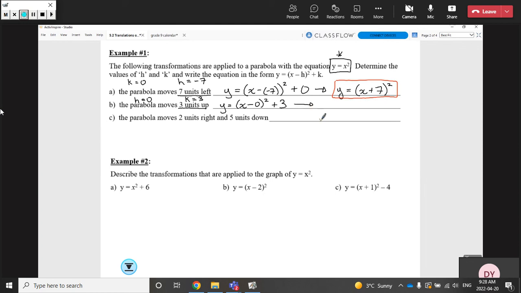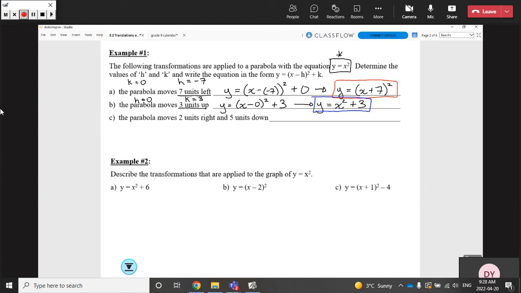Or maybe you're so good at this, you just went right ahead and said, okay, well, x minus 0 is really just still x. And so it's just going to be x squared and then plus 3. And this would be our final answer. Or maybe, again, maybe just jump to that answer right away because you're really comfortable and good at it.